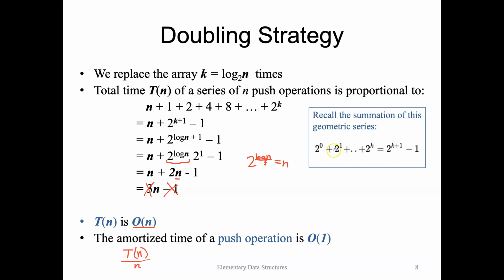So let's remember now how this compares to the push operation with the incremental strategy, what we had. Keep in mind, we had the incremental strategy and the amortized cost of push.